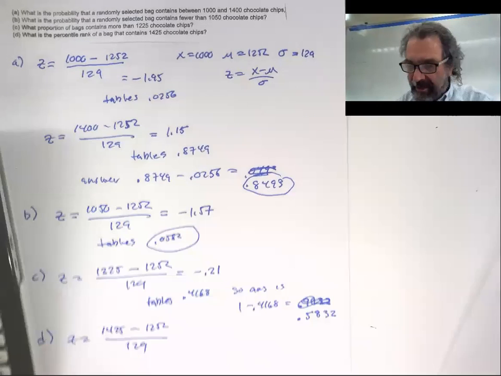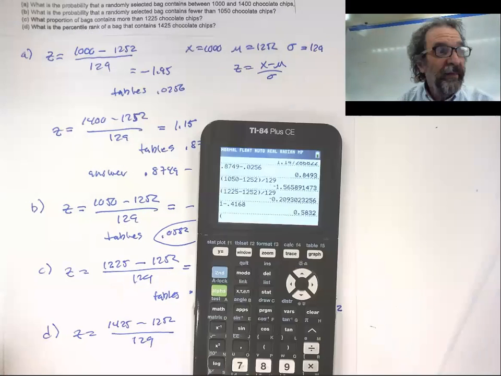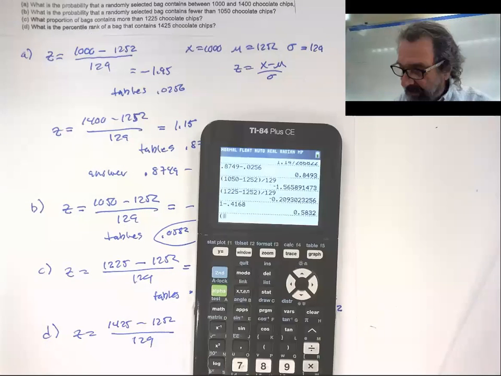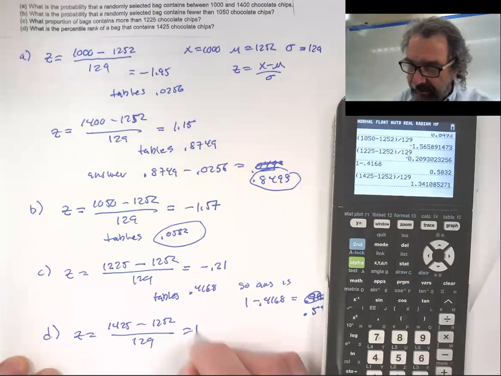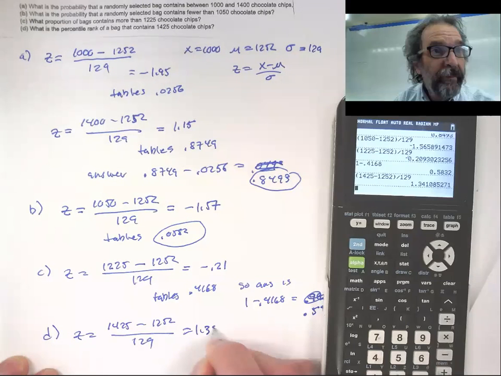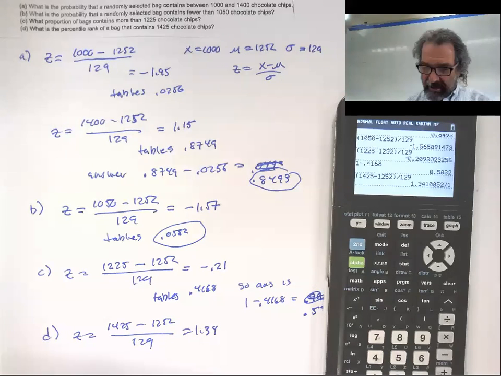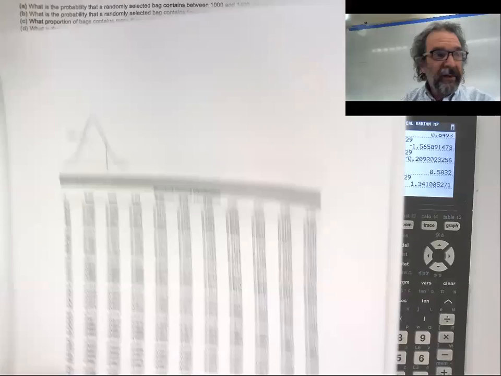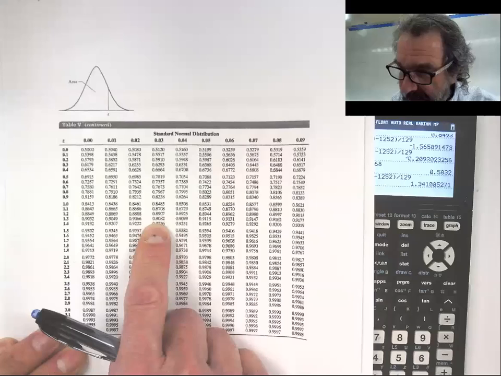I don't know. Here we go. 1425 minus 1252 divided by 129 is 1.34. And then we'll look that up in the tables, and that'll be our final answer. 1.34 is here.